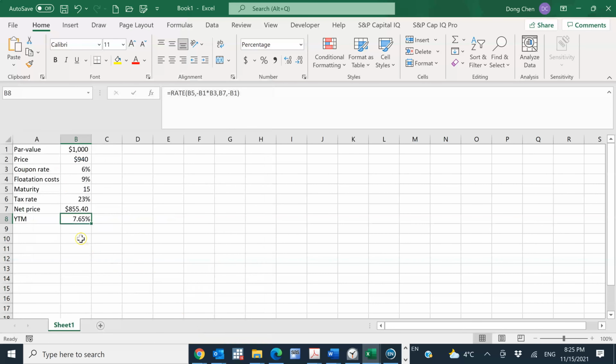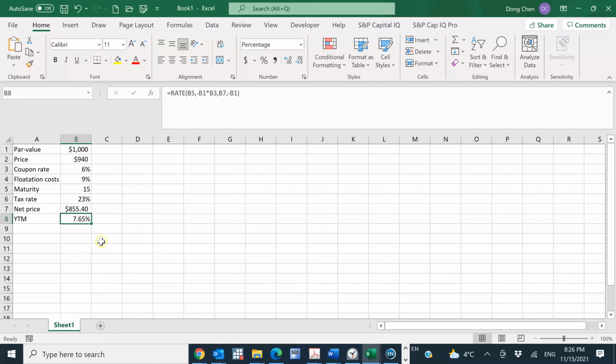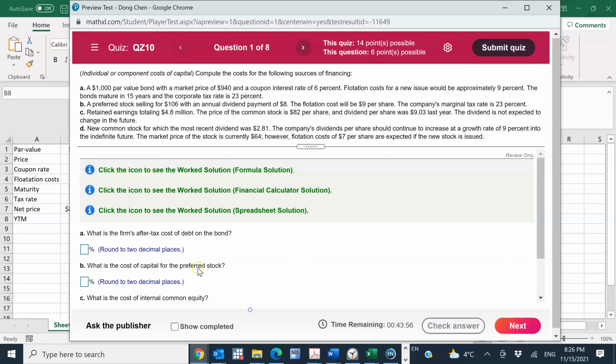Now you can see the reason I got exactly 8% was that I kept 0 decimal places. Now if I keep 2 decimal places, this becomes 7.65%. So I just put this back, 7.65%.